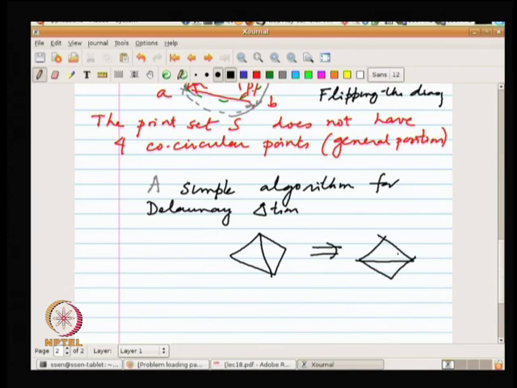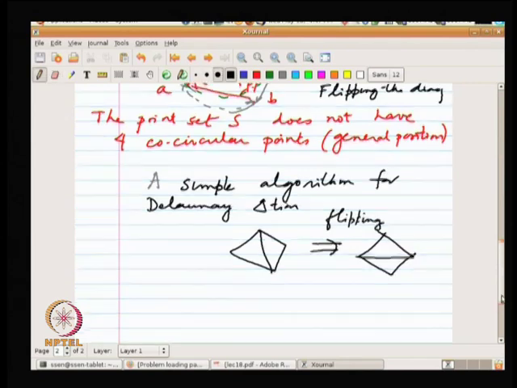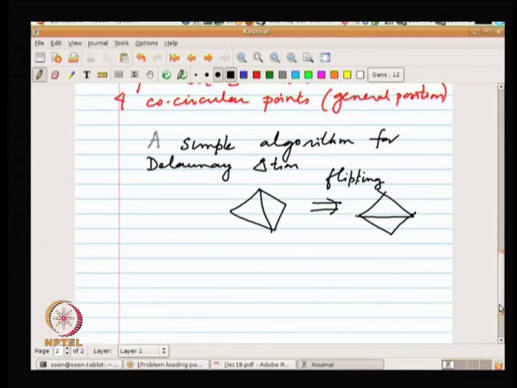This is basically edge flipping, and this edge flipping can be used as a basis for constructing a Delaunay triangulation. So what do we do? We start with some arbitrary triangulation.